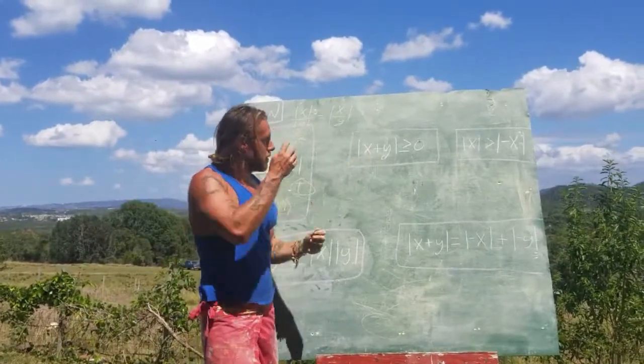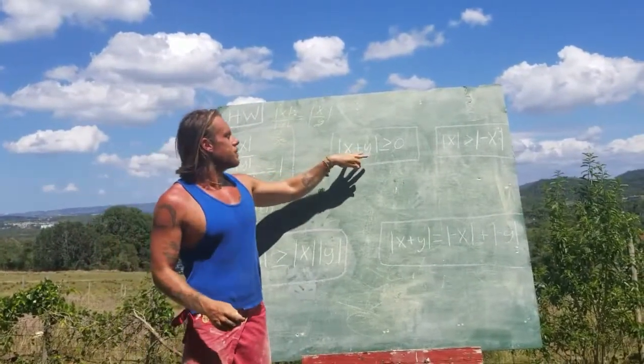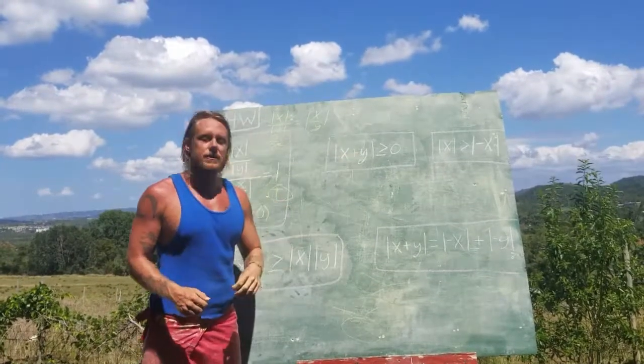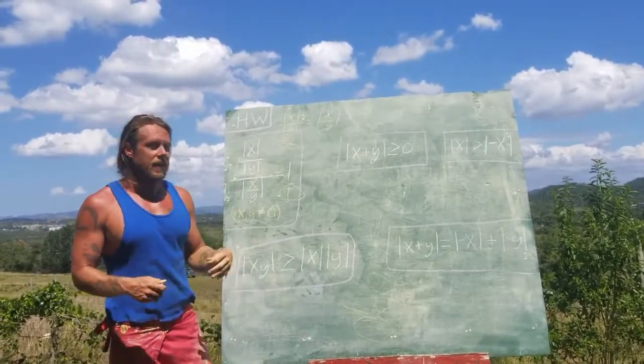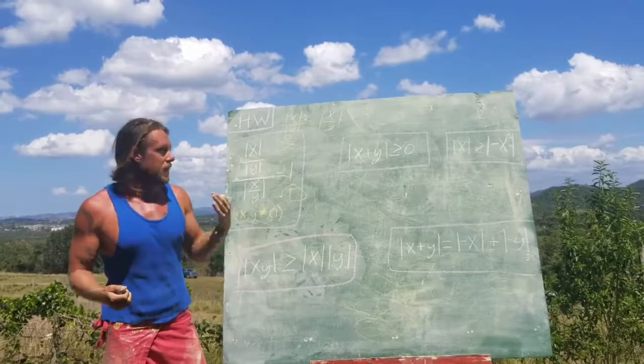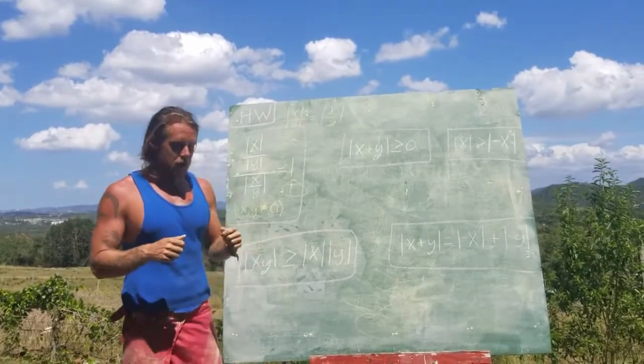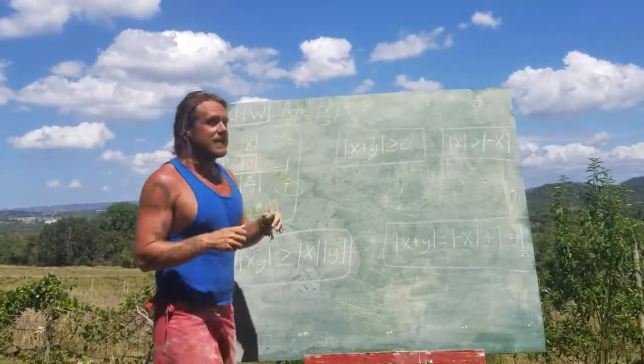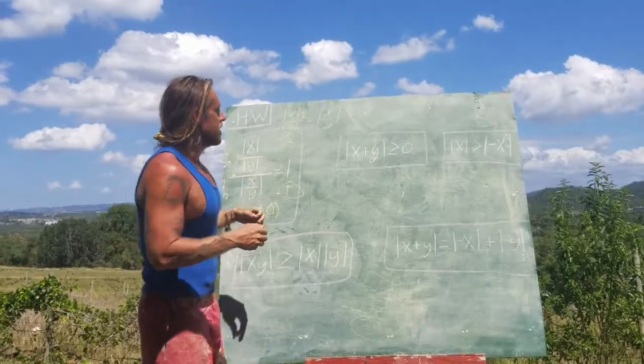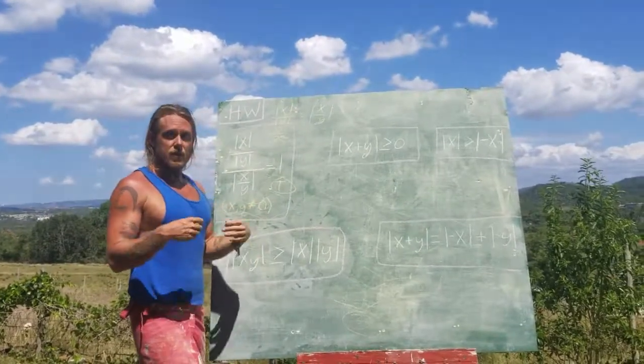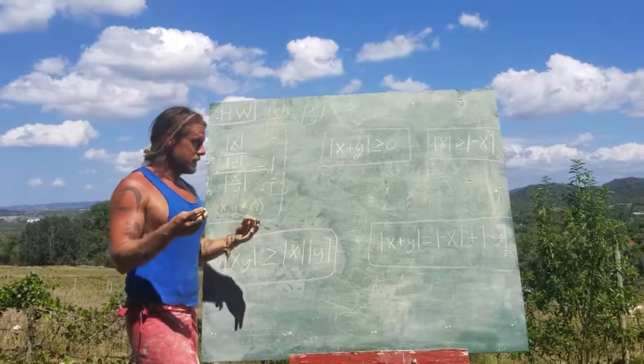Well, let's look at this one. Is the absolute value of x plus y greater than or equal to 0? Well, x and y, we don't have any restrictions. They could be any real numbers. We could try a bunch of them out, or we could identify this as the property we looked at, where absolute value is always what? Greater than or equal to 0.